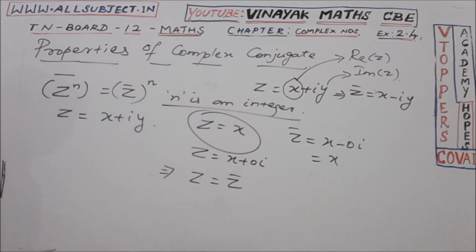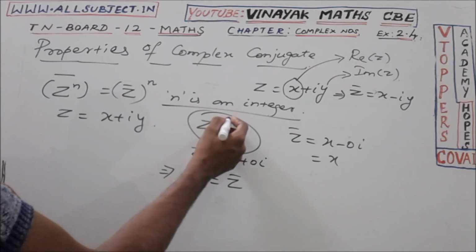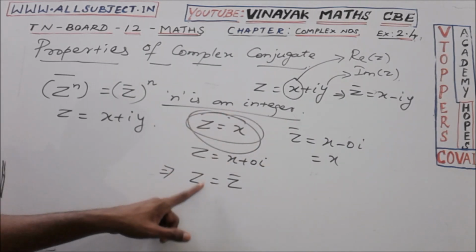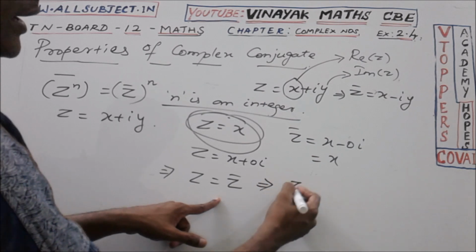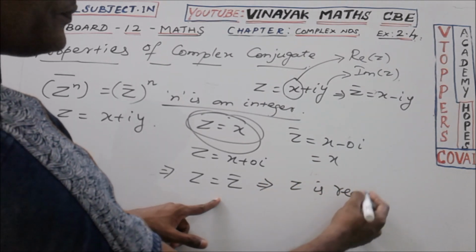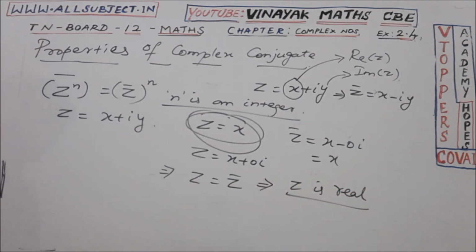When the given complex number is real, Z and Z bar are equal. So the given complex number contains only a real part, whose conjugate and the complex number will be equal.